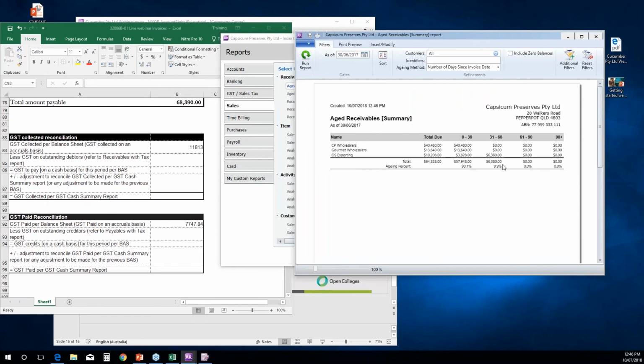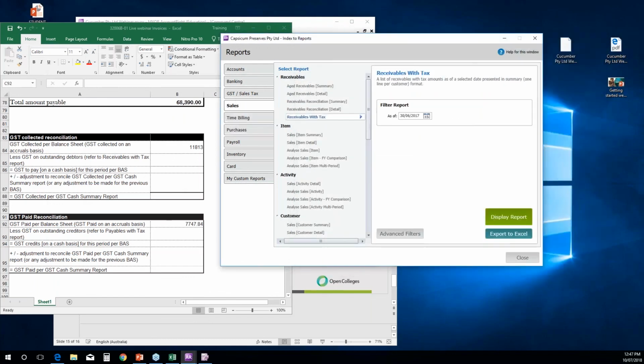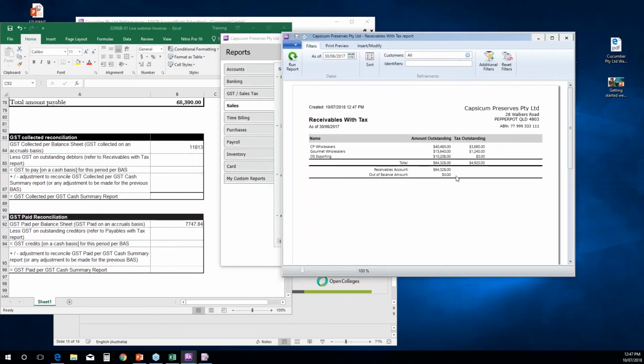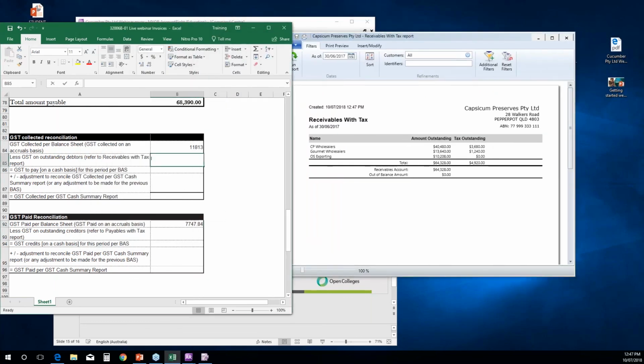Okay, in here, as you can see, we have quite a lot of GST. Oh, wrong report. Receivables with tax. So as you can see, it says 4,920, so you have to minus 4,920. So your cash GST is supposed to be 6,893 as per GST cash summary.